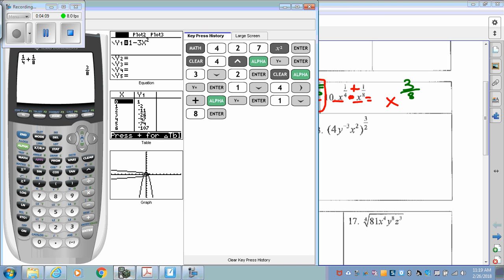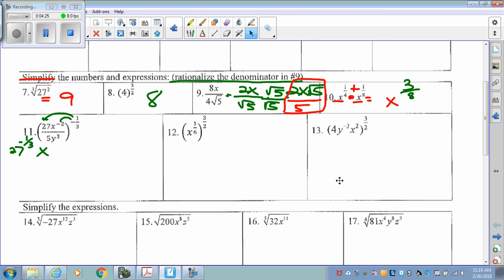So I'm going to do negative 2 times negative 1/3. I'll hit enter, and so that is a positive 2/3. So x to the positive 2/3. And then now my denominator, I'm going to do 5. That would be 5 to the negative 1/3.